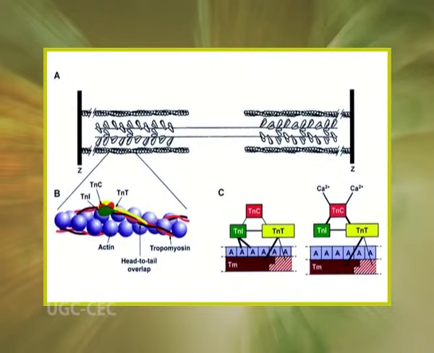Many of these filaments are relatively stable due to filament stabilizing proteins such as members of the tropomyosin family. Tropomyosins are 30 to 36 kilodalton fibrous proteins that bind lengthwise along the groove of actin filaments.